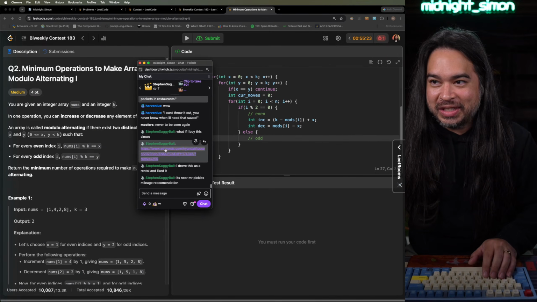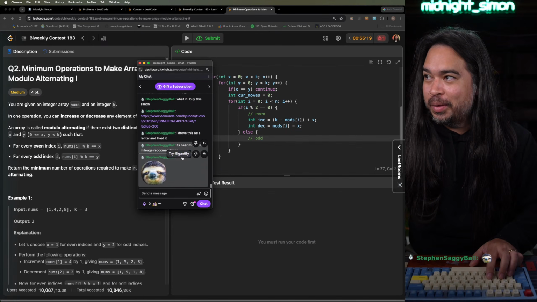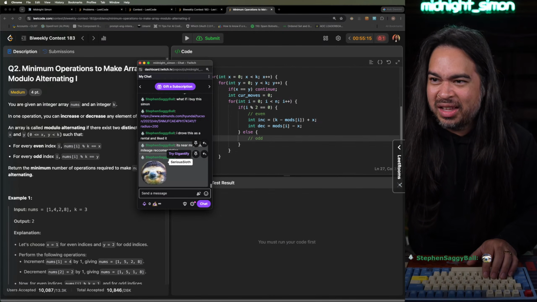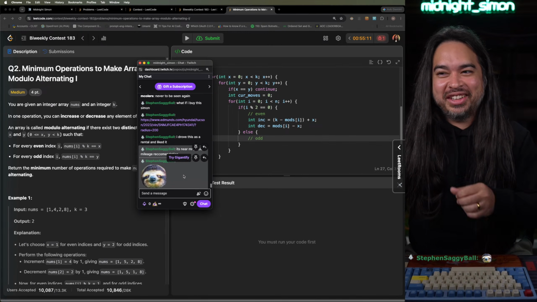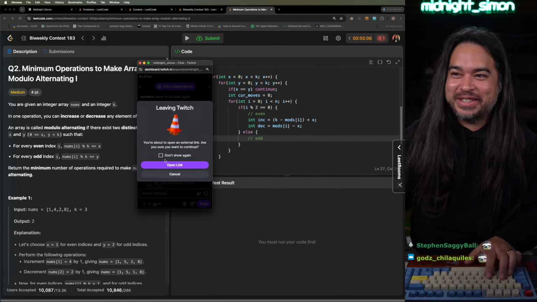because I gotta answer Steven Sagiball about his car. What the heck is that, man? That's a sloth? What? I didn't know sloths look like that, man. I thought their face was a little different.